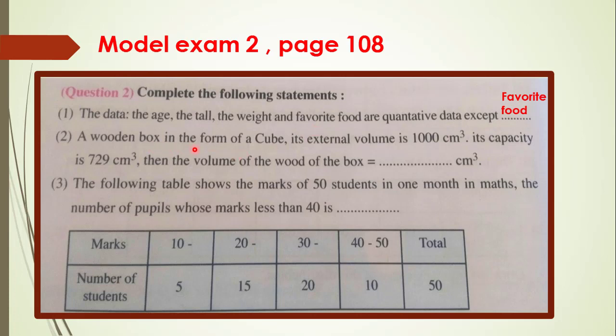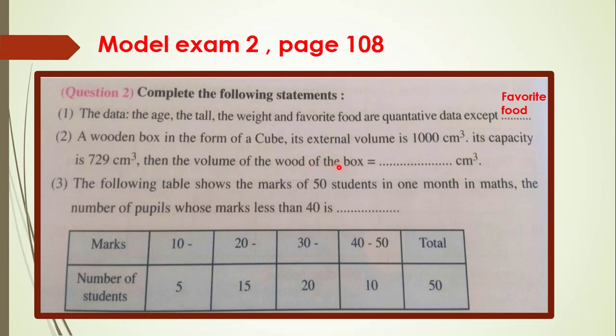Number 2, a wooden box in the form of a cube. Its external volume is 1000 centimeter cube. Its capacity is 729 centimeter cube. The capacity means the internal volume. So we have external volume and internal volume. Then the volume of the wood of the box.